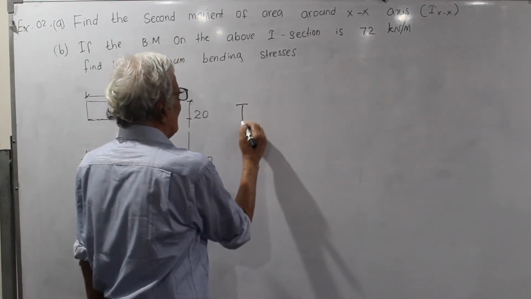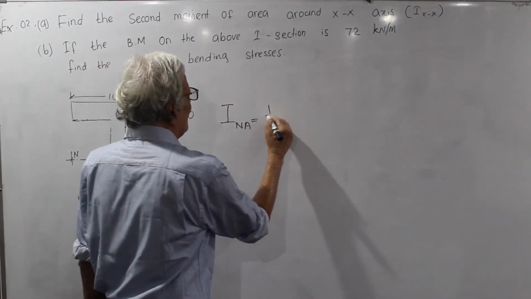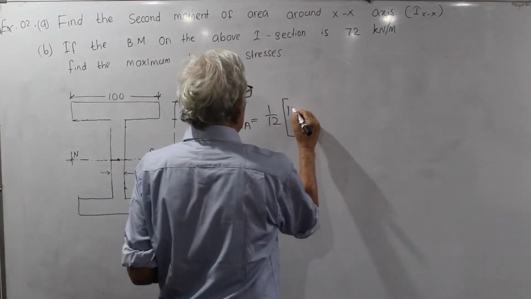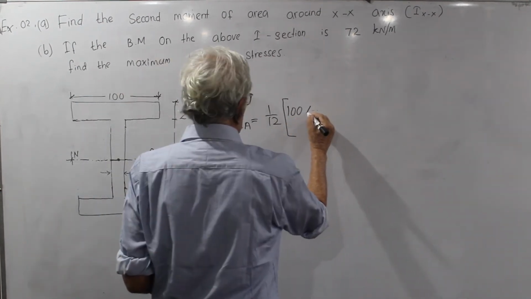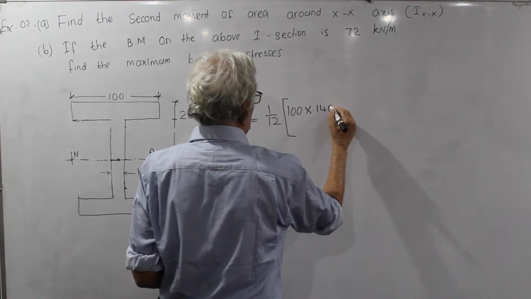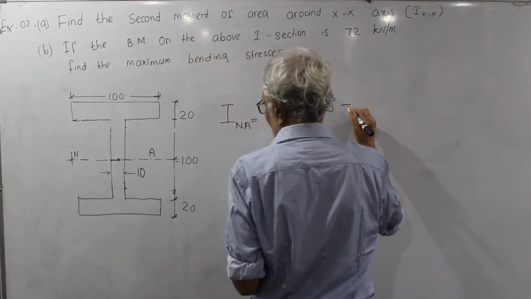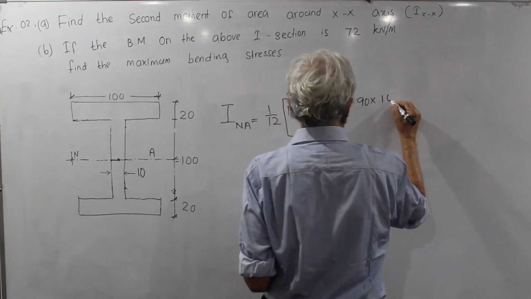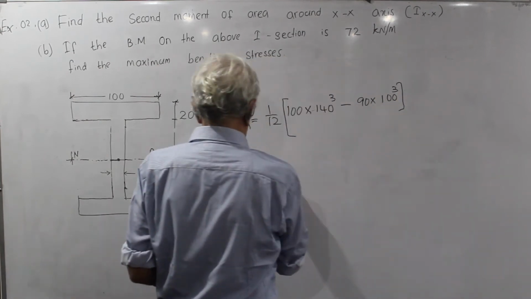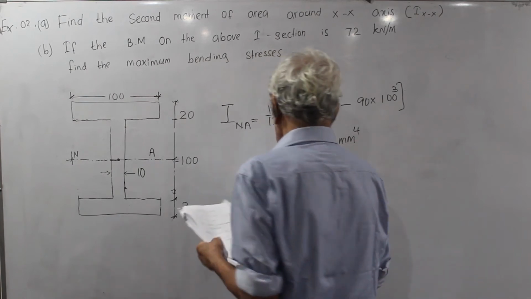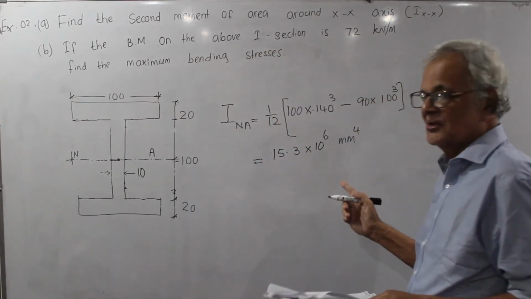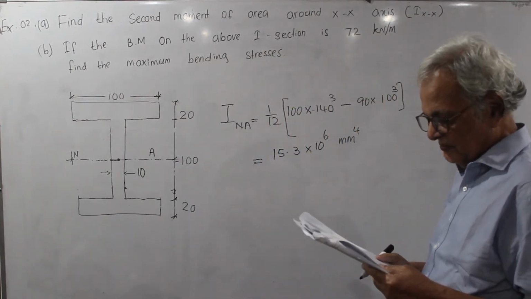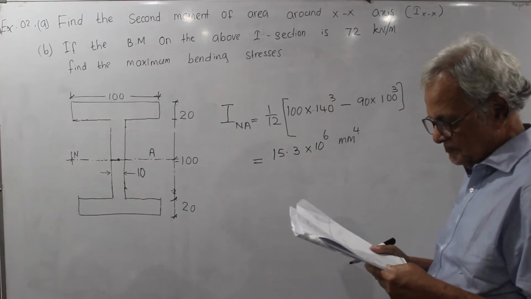Ixx or INA equals 1/12 into 100 into 140 cubed minus 90 into 100 cubed, equals 15.3 into 10 to the power 6 millimeters to the power 4.